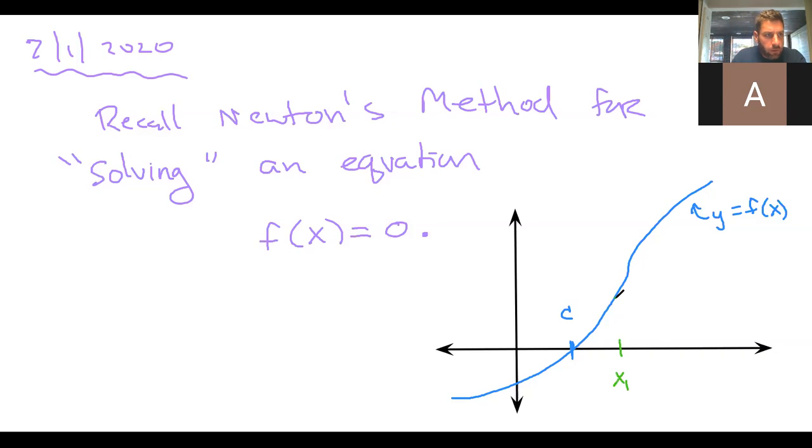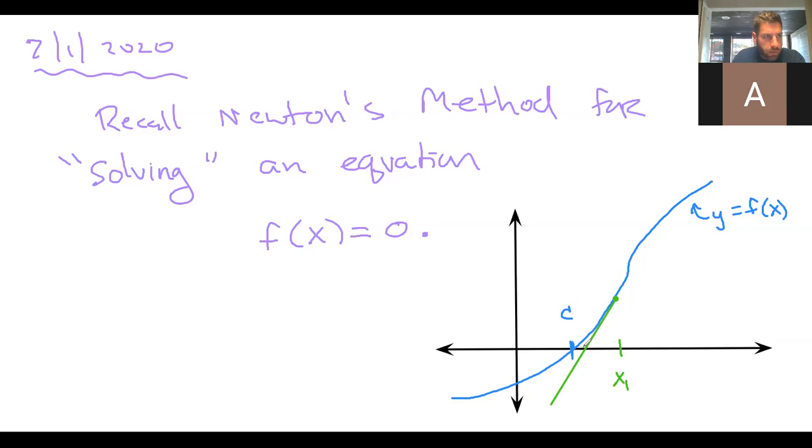What we do then is look at the tangent line of y equals f of x. If I look at the tangent line at that point, what I notice is that the tangent line crosses the x-axis at some place between x1 and c, if I make a good enough guess.